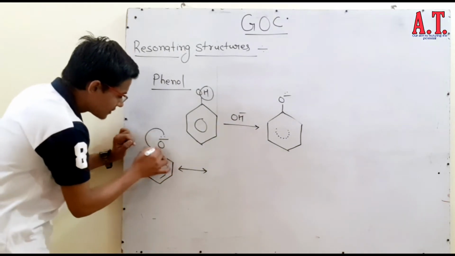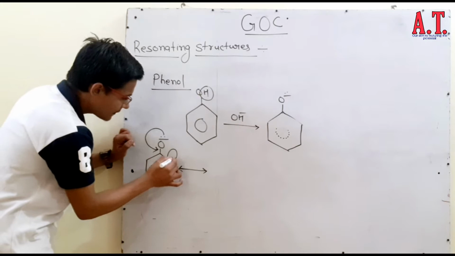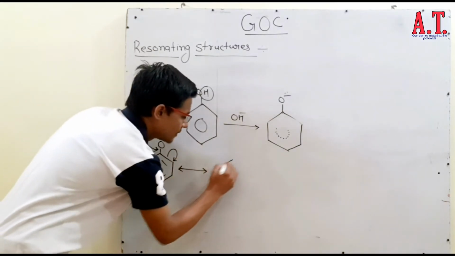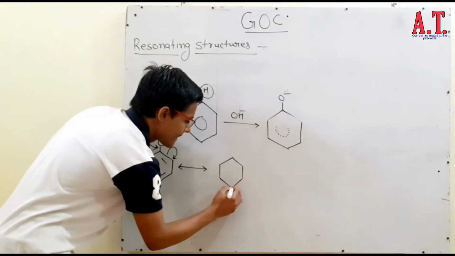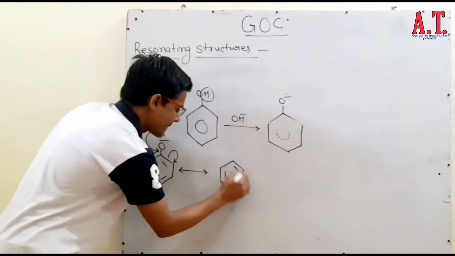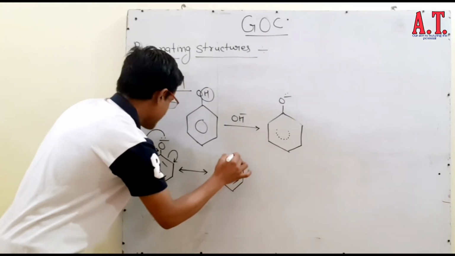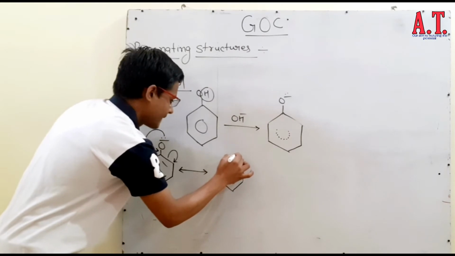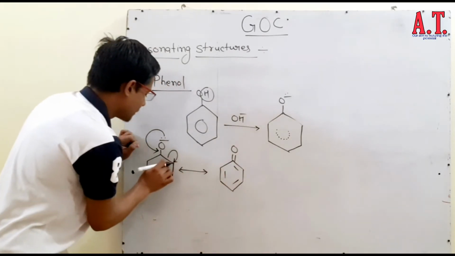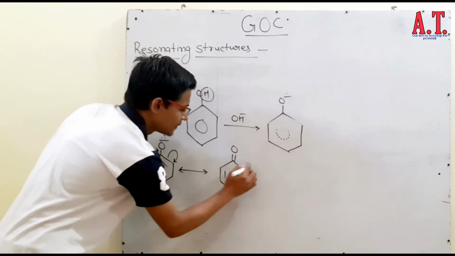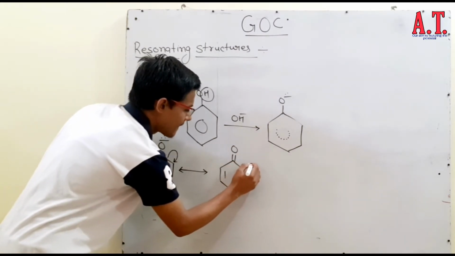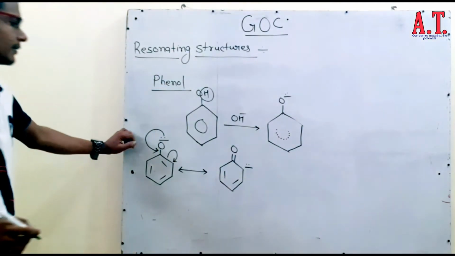So the pi electrons will be moved in this manner. This pi bond shifted toward this side and the charge will be shifted here. This will be the lone pair.